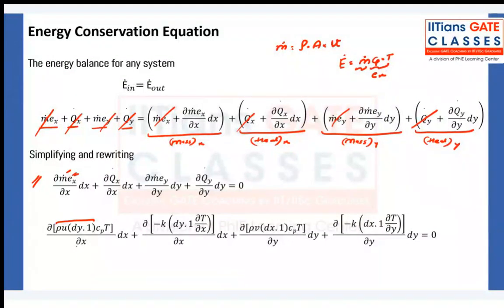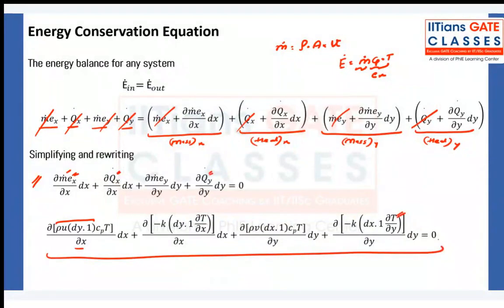And this is heat due to conduction at y equal to 0. So dT by dx is in x direction, and this is in y direction. Similar things we can do here, and we can get this equation. We are just substituting the values, nothing else.